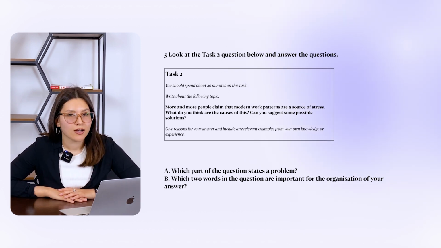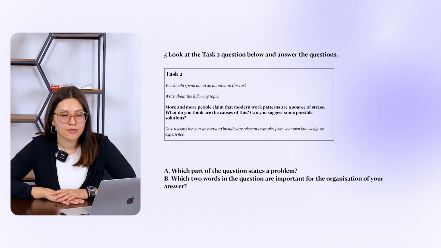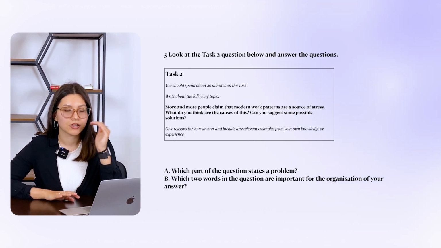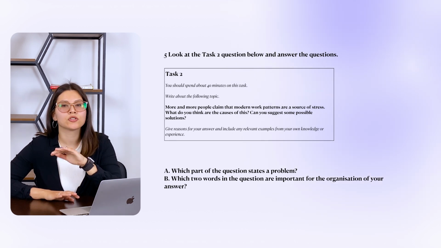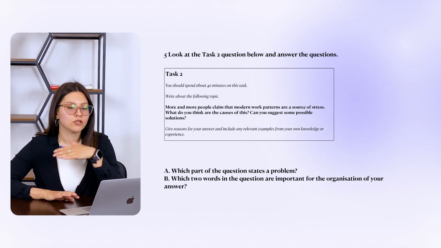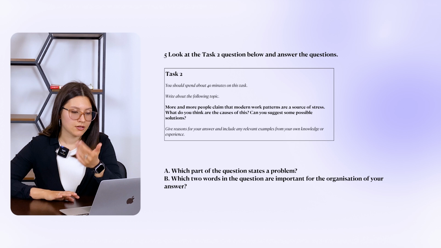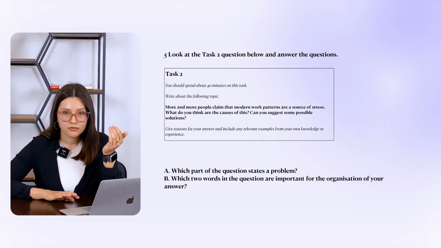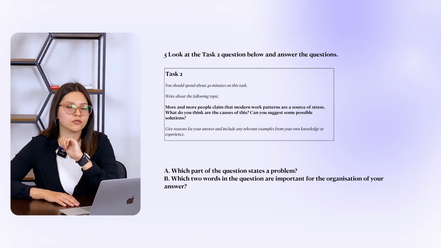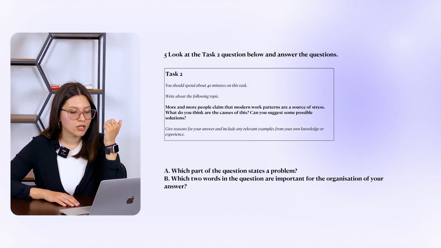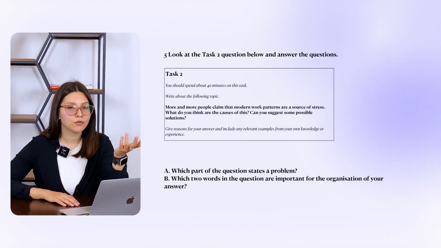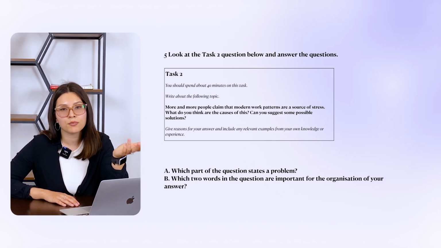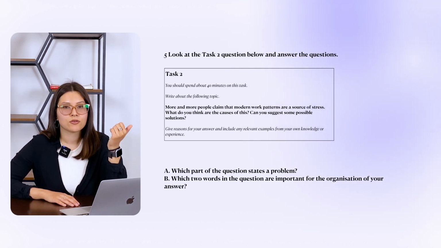We will talk about structure and how to structure your paragraphs, like intro, body part, and conclusion later on. But for now, you have to understand that every part of your essay depends on how you understand the question. In this case, you will talk about causes in one paragraph and about solutions in the other paragraph, or probably you'll have 3 paragraphs. So it depends on you.